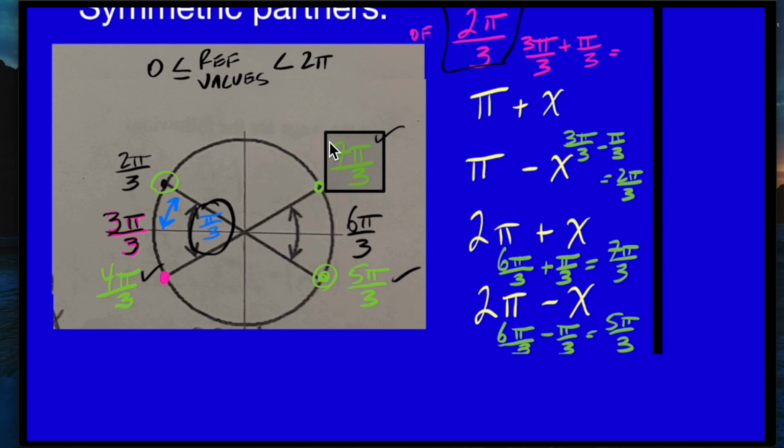So 7 pi over 3, in the world of threes, this would be 6 pi over 3. So 7 pi over 3 lies outside of that reference value zone.